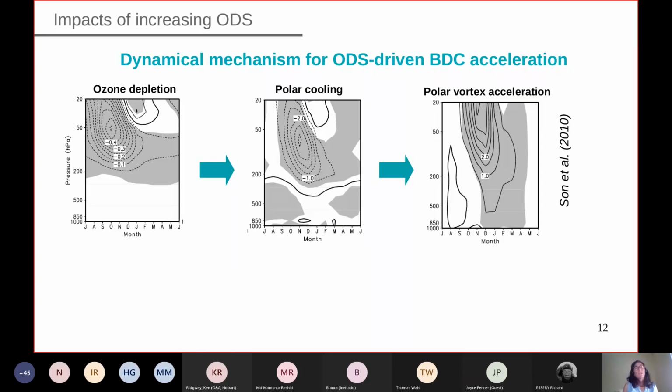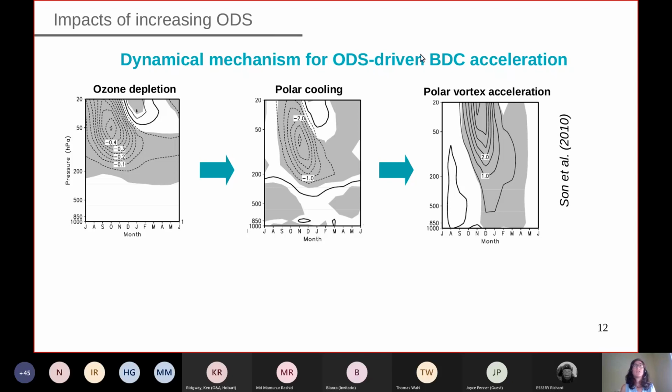And there's also a dynamical mechanism behind this contribution to the acceleration. And I should say that ODSs are also greenhouse gases, so one could think that they are contributing to this acceleration through the same mechanism as CO2 or other greenhouse gases, but actually it's been shown that this is not the main way in which they're acting, but the main way is through the ozone depletion.